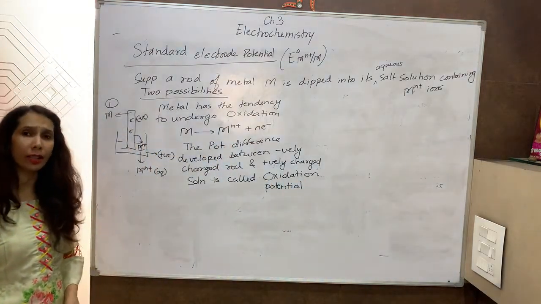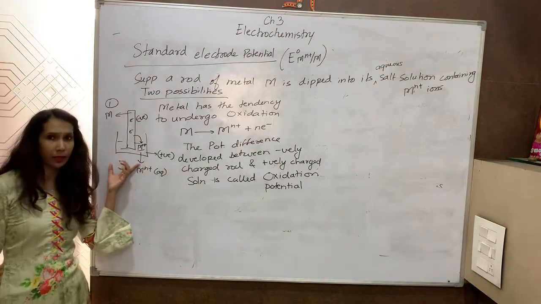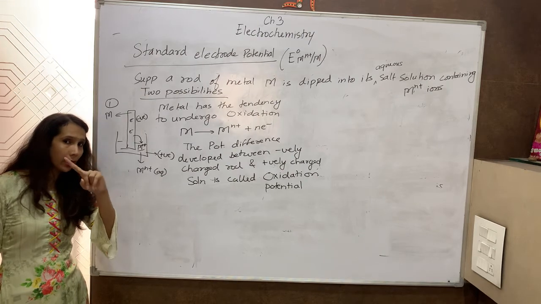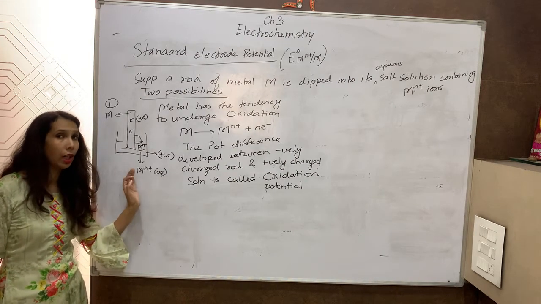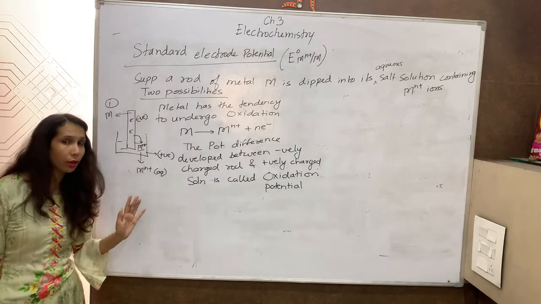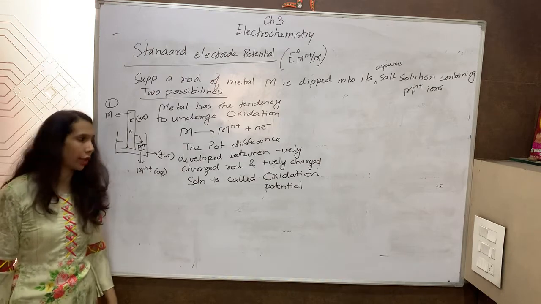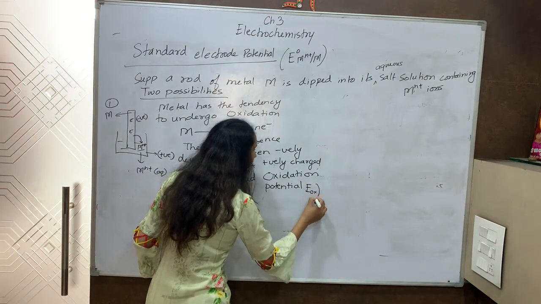Why do we call it oxidation half cell potential? Because this is a half cell. A complete cell consists of 2 electrodes, oxidation on one, reduction on the other. Here only oxidation we are concerned with. So I can call it oxidation half cell potential, or simply oxidation potential, represented by E_ox.